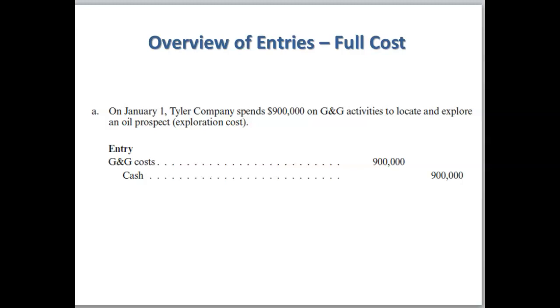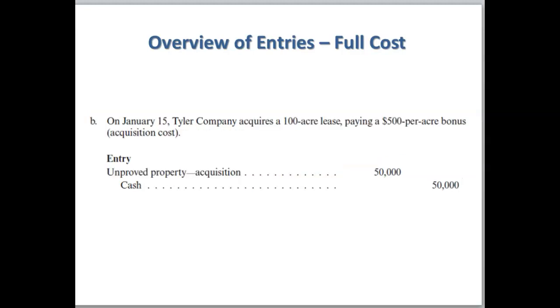So we would debit G&G costs and credit cash. On January 15th, Tyler Company acquires a 100-acre lease, paying a $500 per acre bonus, which is an acquisition cost. Again, acquisition costs are capitalized under full cost, so we would debit unproved property and we would credit cash.